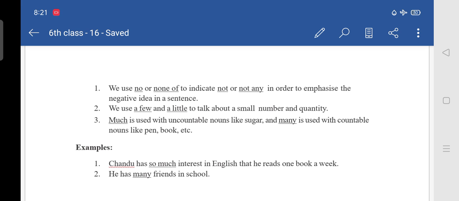So when we use no or none, it is to indicate no or not any in order to emphasize the negative idea in a sentence. And the second, we use a few and a little to talk about a small number and quantity.